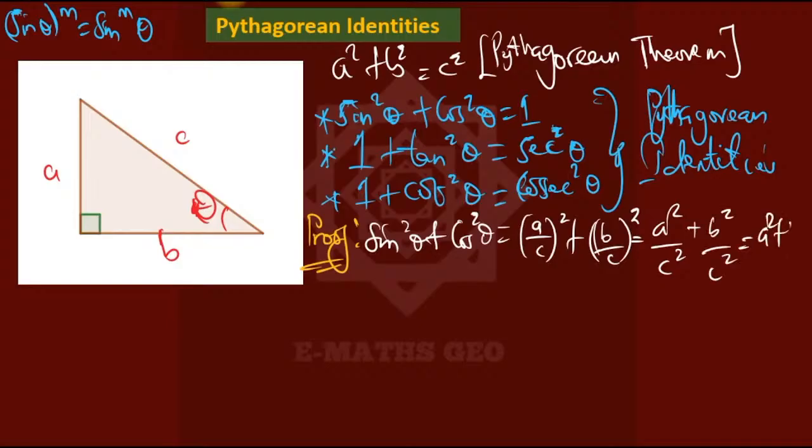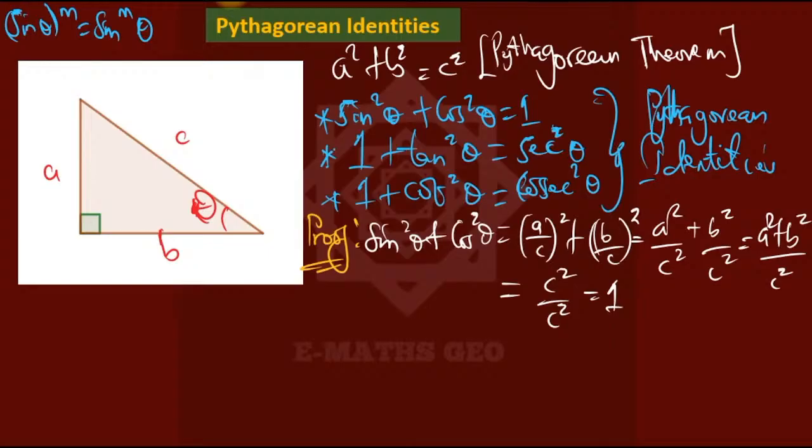This is A squared plus B squared all over C squared. From Pythagorean theorem, A squared plus B squared is C squared, so C squared over C squared. So the answer is 1. So we've proved the first one.